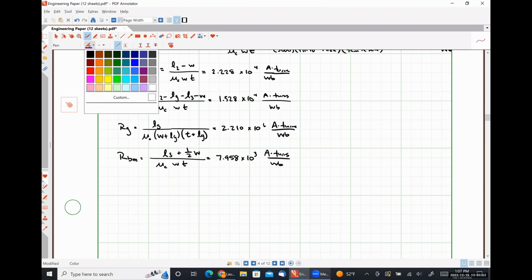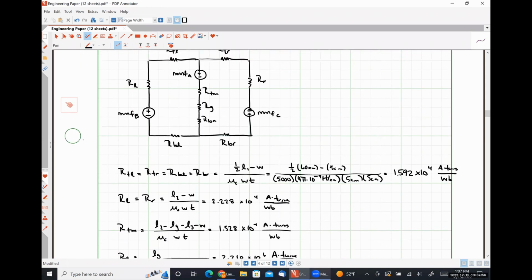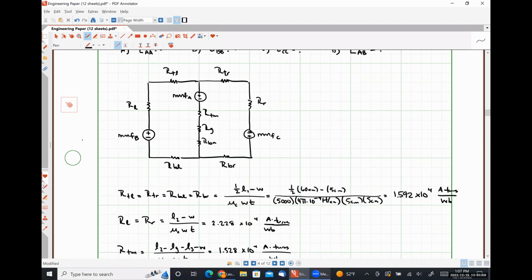Okay, so circling back around to what I was talking about a moment ago, we are putting the reluctance RTL in series with the reluctance RL in series with the reluctance RBL. They are all in series, and we're going to combine them into a single equivalent reluctance.